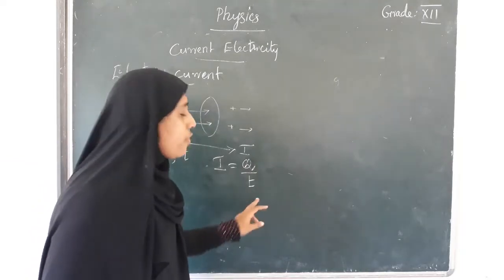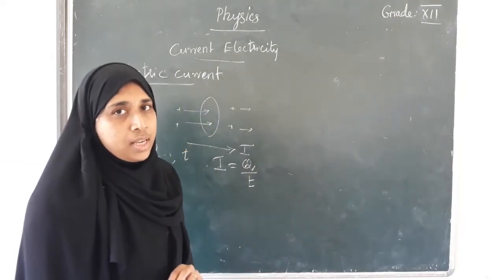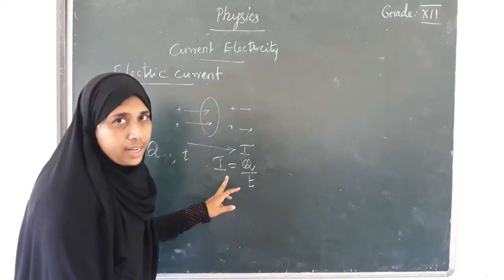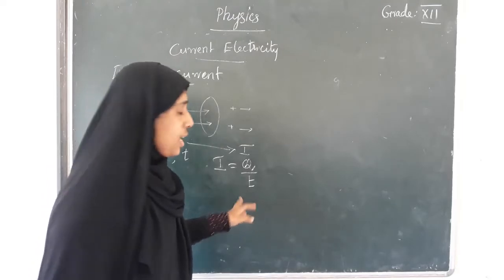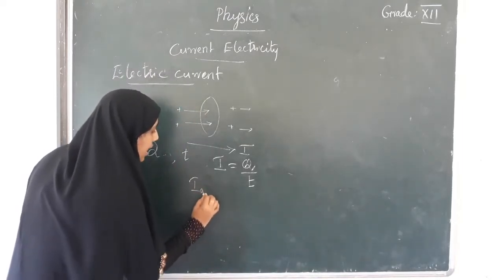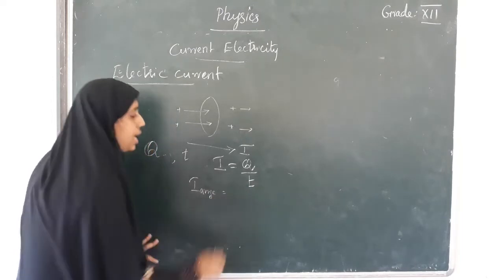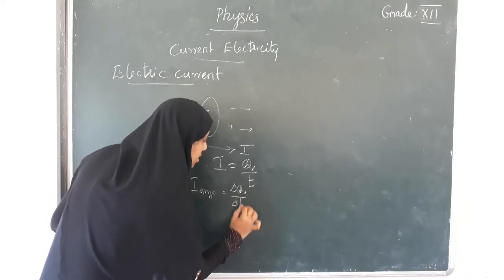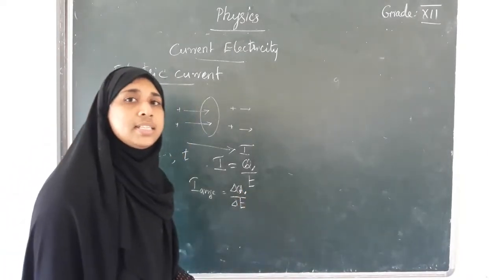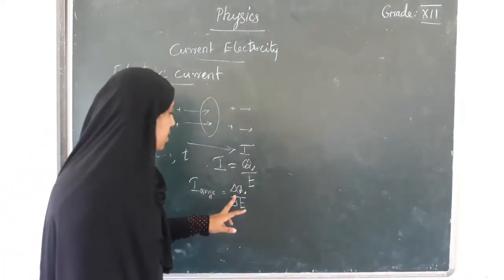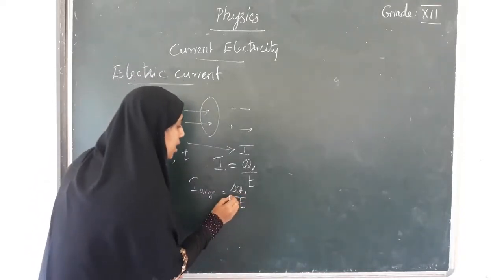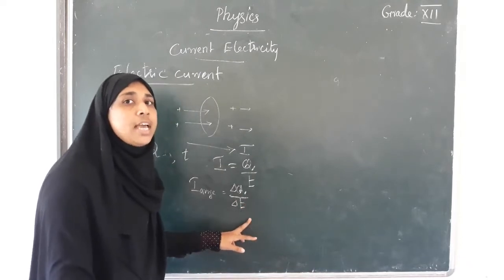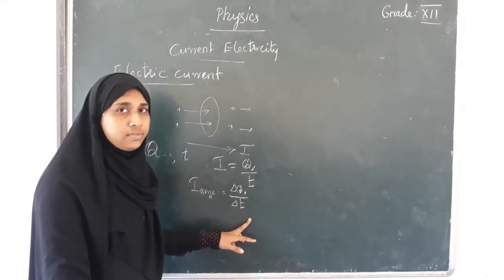So, rate of flow of charges. But this current is not constant, so we can write an average current. Average current is delta Q by delta t, where delta Q is the amount of charge passing through a particular cross-sectional area in a time interval delta t.